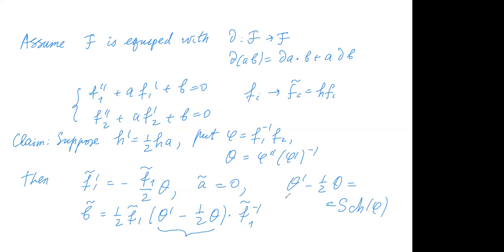This is called Schwartz equation. I don't know. It's actually the way the Schwartz derivative appears in the solution of linear differential equations, and it does appear here as well, as you see, even though all the coefficients are noncommutative. So there should be something important there, although I don't know what.